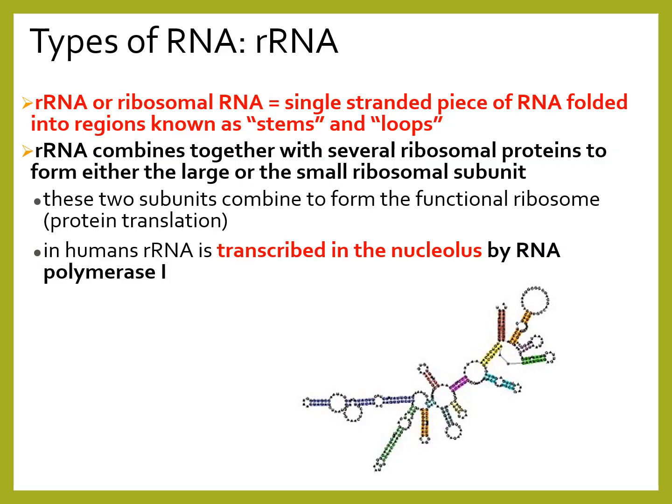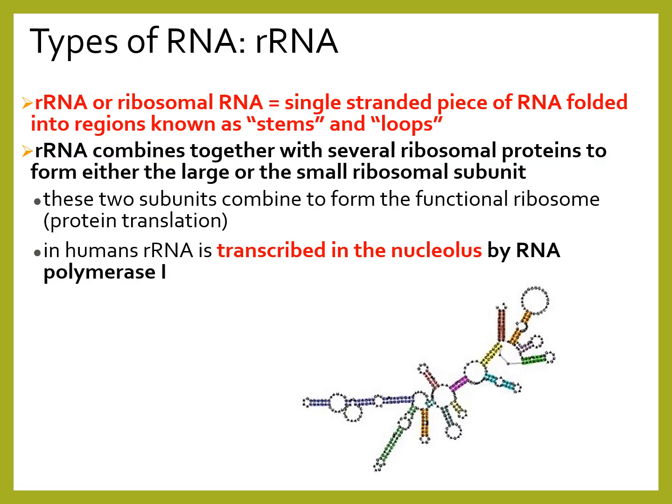rRNA genes are transcribed to form an RNA transcript, which is then processed in a very specific way to form rRNA, or what is known as ribosomal RNA. Ribosomal RNA combines together with several ribosomal proteins to form either the large ribosomal subunit or the small ribosomal subunit.